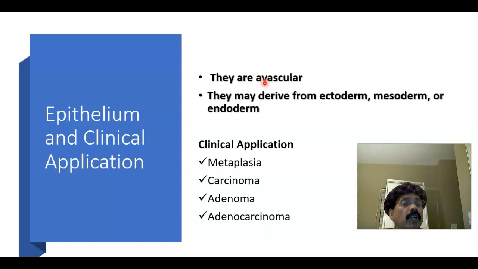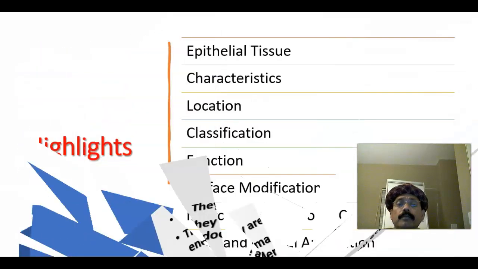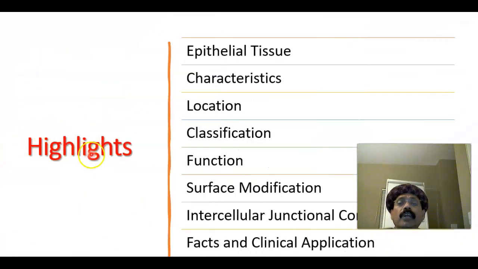There is no direct blood supply to the epithelial tissue. So what are the highlights of epithelial tissue? These are polyhedral cells with minimum intercellular matrix. Characteristically, they are avascular and they get nutrition from the underlying tissue.